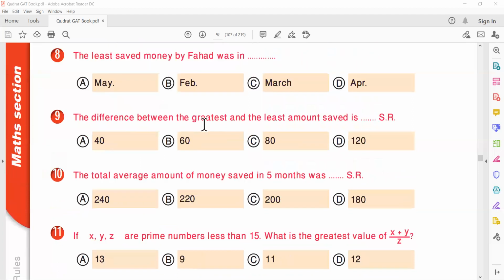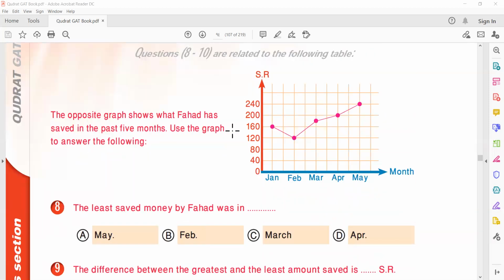The difference between the greatest and the least amount saved, what is it? Where is the greatest here? Look, here the greatest is 240. And the least is 120.